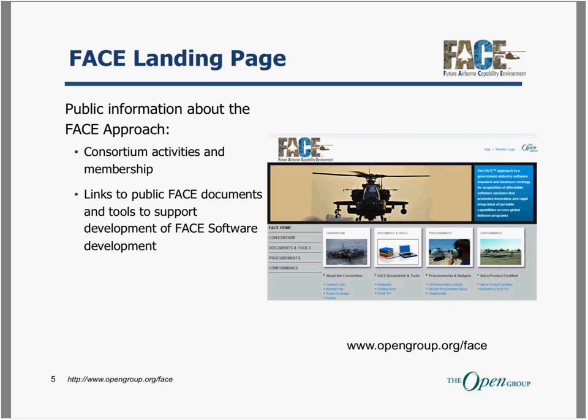But the landing page will give you information about consortium activities, information about the public documents and tools that we use to support developing FACE software, and some of the things that are out there available. The FACE technical standard, we've got edition 1.0, 1.1, 2.0, 2.1, and its related documents that are associated with that.